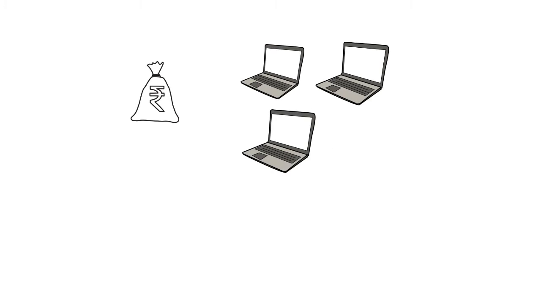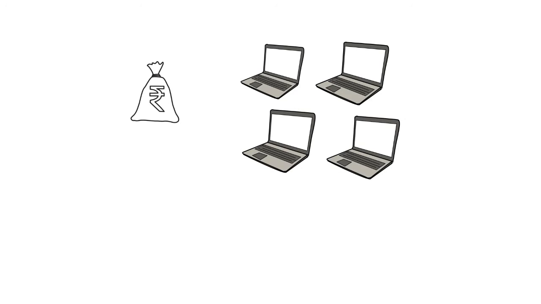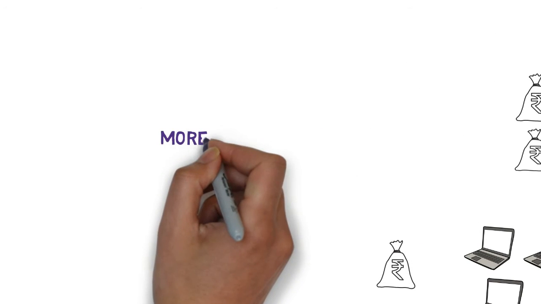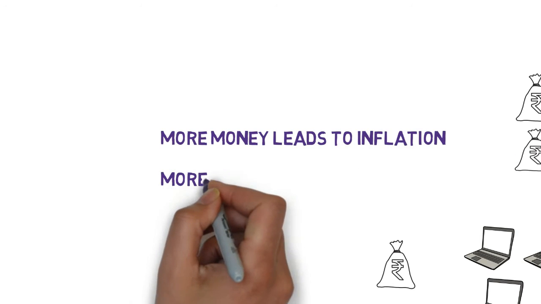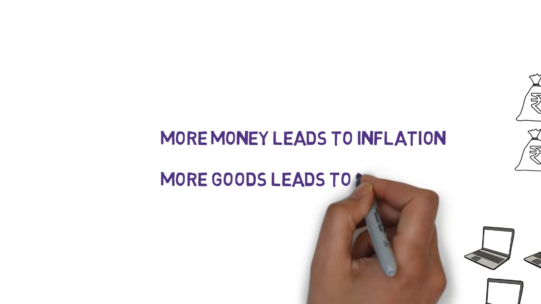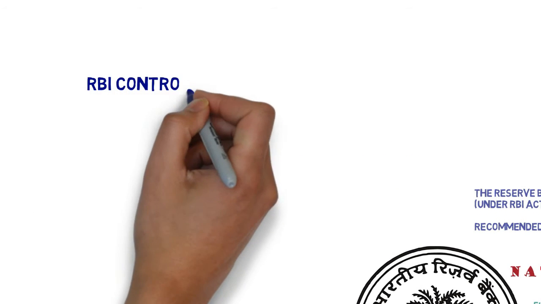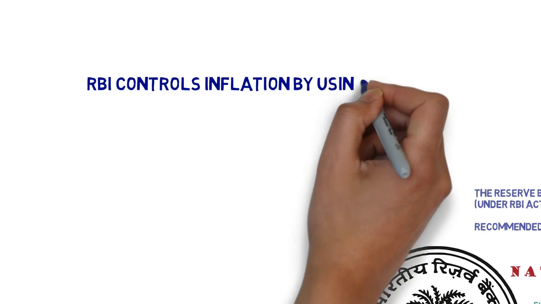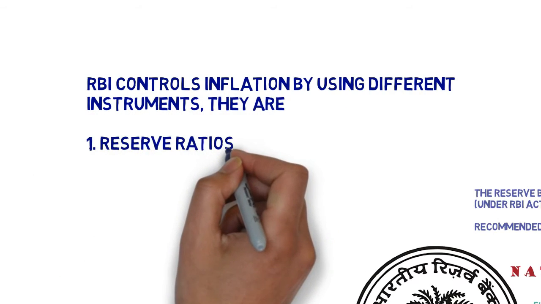Deflation is bad for industries, they cannot survive. So we can understand that more money leads to inflation, and more products or goods lead to deflation. Controlling this using different instruments is nothing but monetary policy review.